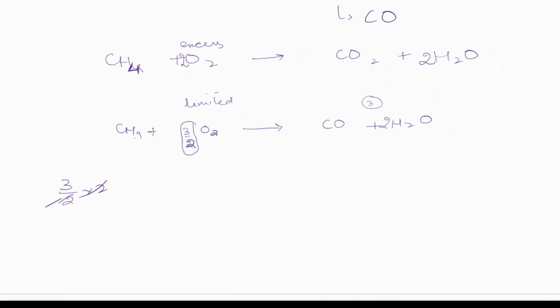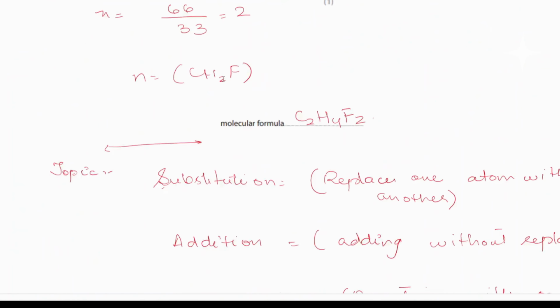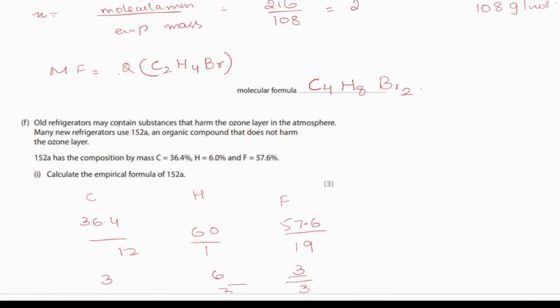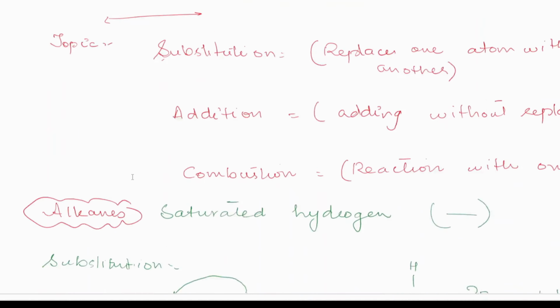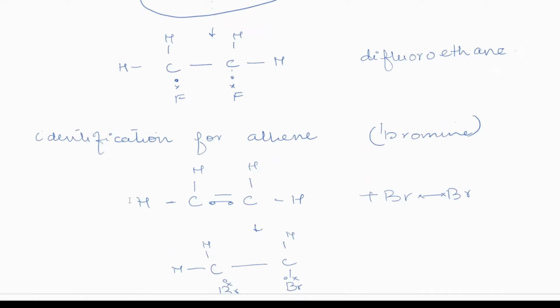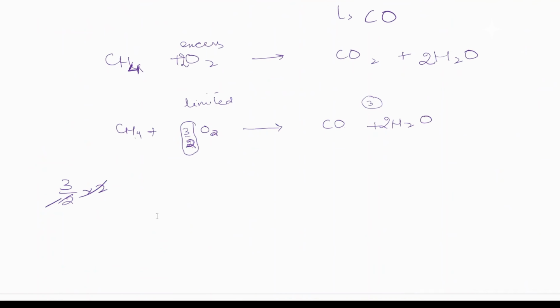Okay, we did a question over here that old refrigerators may contain a substance that can harm the ozone layer, right? So basically, this one is the chlorofluorocarbon that destroys the ozone layer. It is present in aerosols, old refrigerators, and air conditioners; these produce chlorofluorocarbons. Because these are haloalkanes, the reaction once started with ozone is not going to stop.